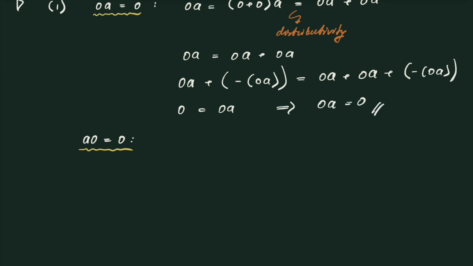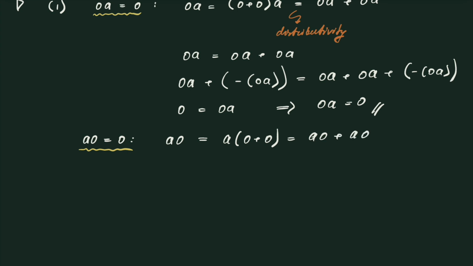Now the similar procedure works for a times 0 equal to 0, so I'll try to be a little bit concise here. We have a times 0 is equal to a times 0 plus 0. Again, we use distributivity: a times 0 plus a times 0.